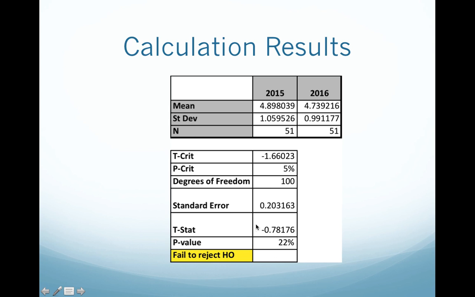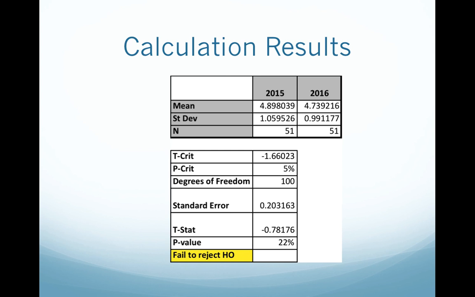We calculated the p-value associated with this t-statistic as 22%, and so effectively what that is suggesting is that there is a 22% chance that the data that we are observing, the samples that we have seen, could have come from a population where the mean difference between 2015 and 2016 is still 0 or greater than 0.